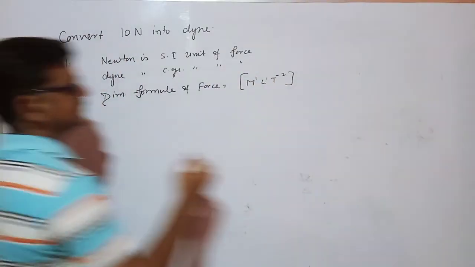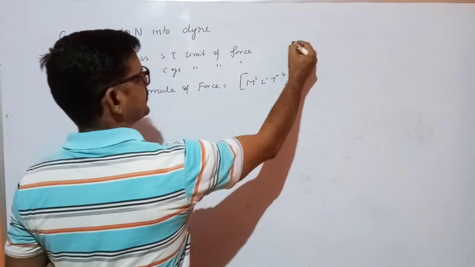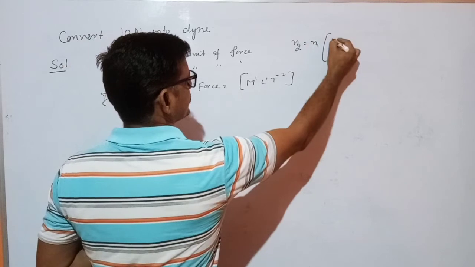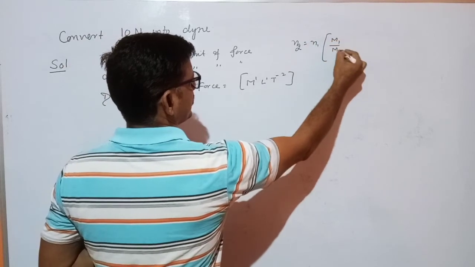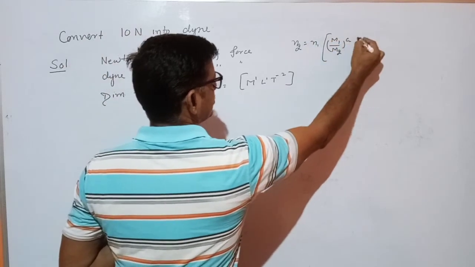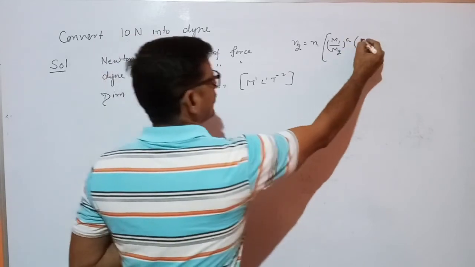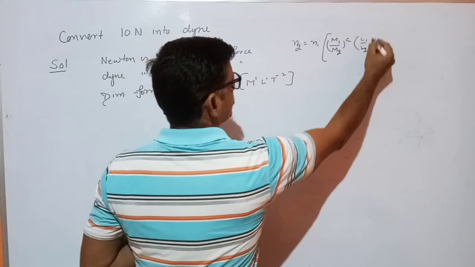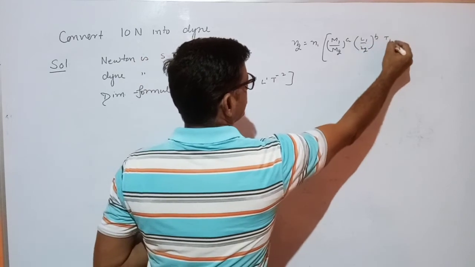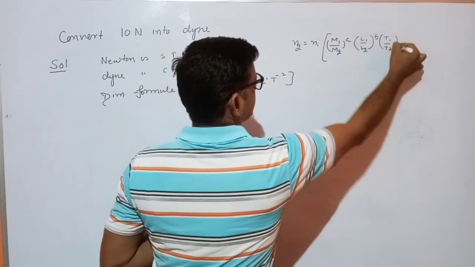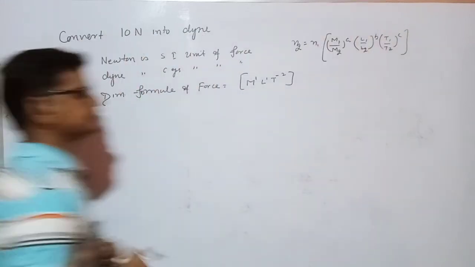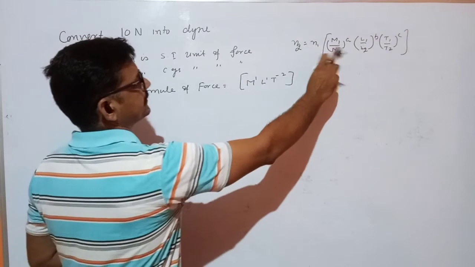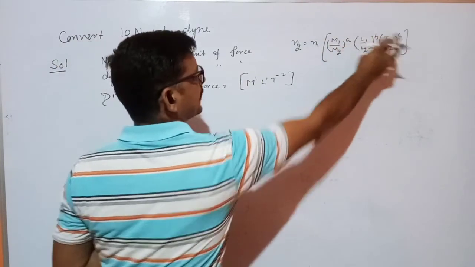So from here we know the formula we have: N2 is equal to N1, M1 upon M2 power A, L1 upon L2 power B, and T1 upon T2 power C. So from here we can find the values of A, B and C.